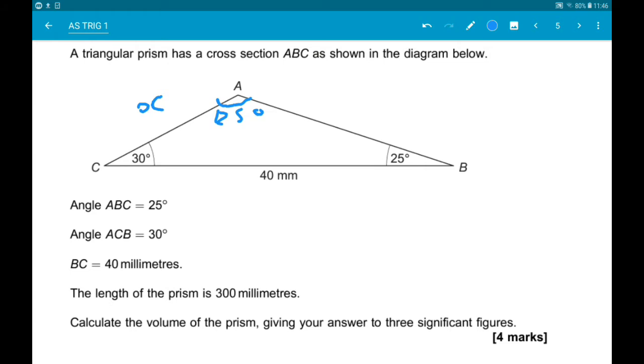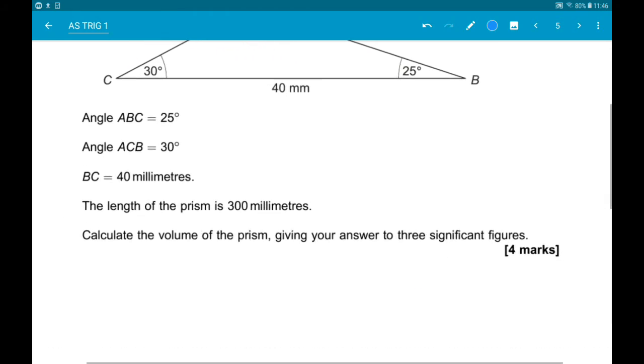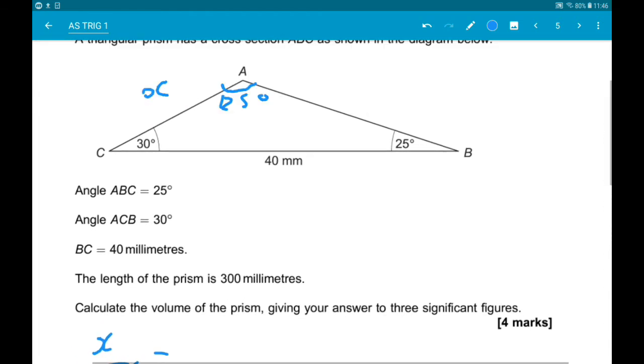Now, using the sine rule, we know that x over sine 25 is equal to 40 over sine 125.